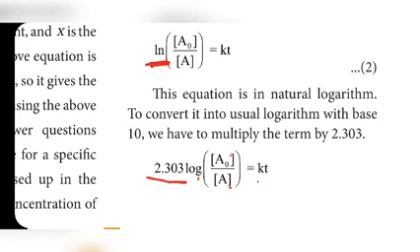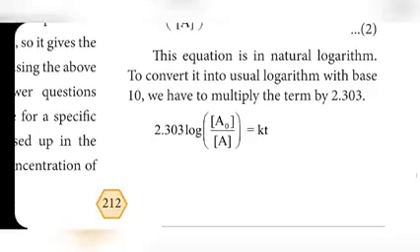This log base e is converted to log base 10 by multiplying by 2.303. So this equation is in the natural logarithm, log base e. To convert it to the usual logarithm with base 10, we have to multiply by the term 2.303.